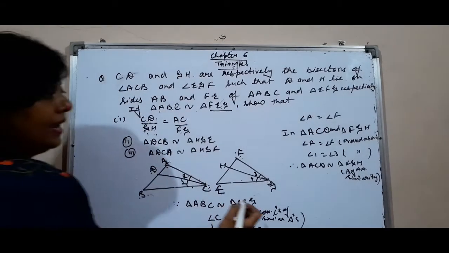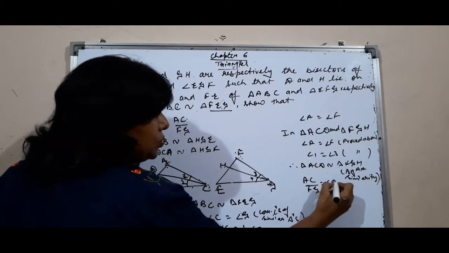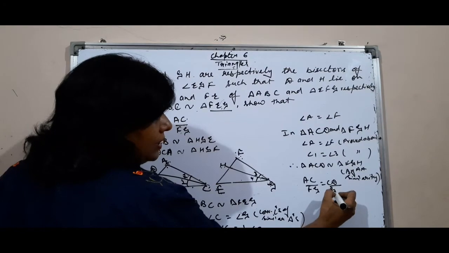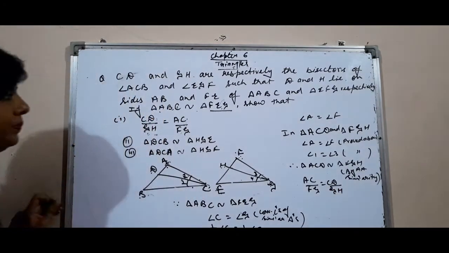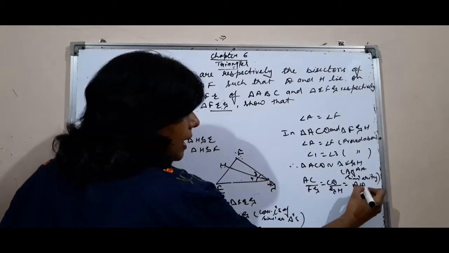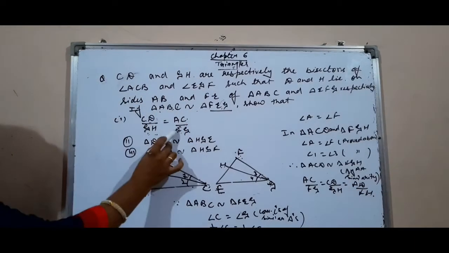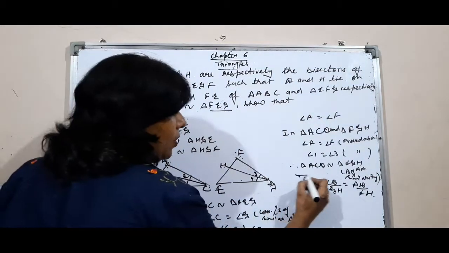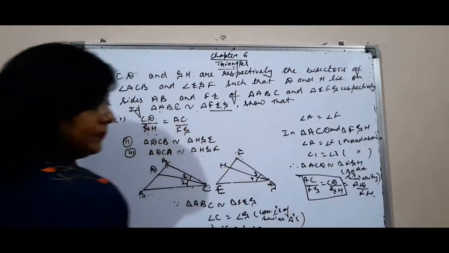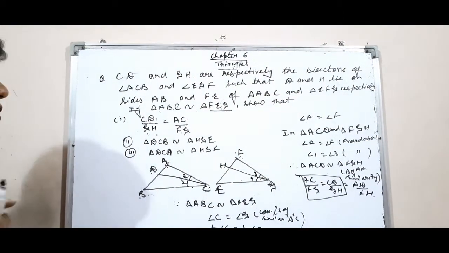It will be AC upon FG equals to CD upon GH equals to AD upon FH, but we need only CD upon GH equals to AC upon FG. ठीक है? Just one more thing you must keep in your mind.